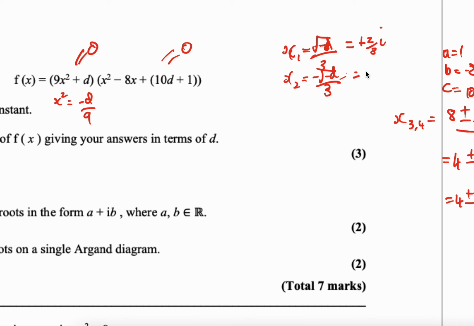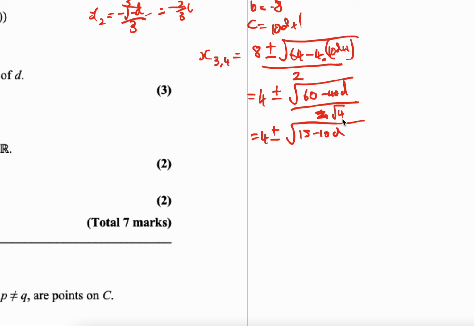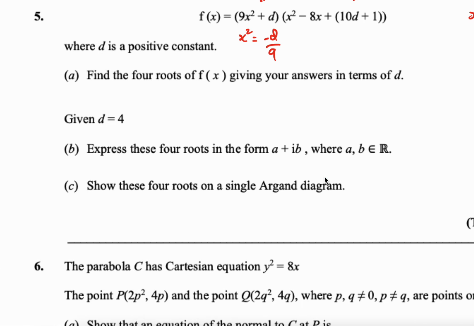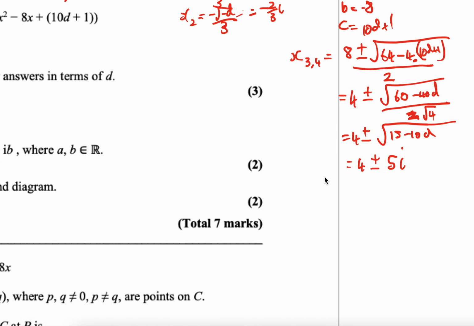Then d is 4, so 4 times 10 is 40. 15 minus 40 is minus 25, so that's going to be 4 plus or minus 5i. And then it says, show these 4 roots on an Argand diagram.